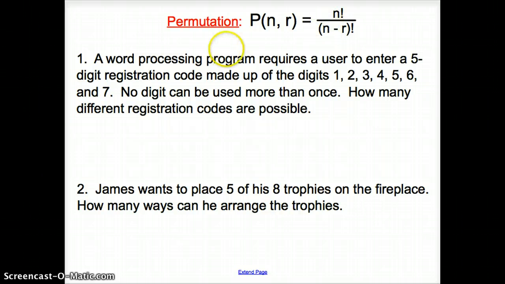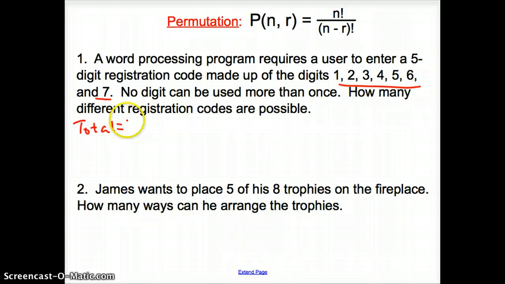A word processing program requires a user to enter a 5-digit registration code made up of the digits 1, 2, 3, 4, 5, 6, 7. No digit can be used more than once. How many different registration codes are possible? Well, first we have to find what's our total amount. We have a total of 7 different numbers.